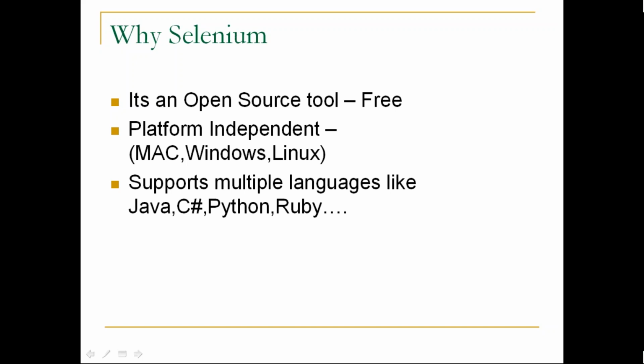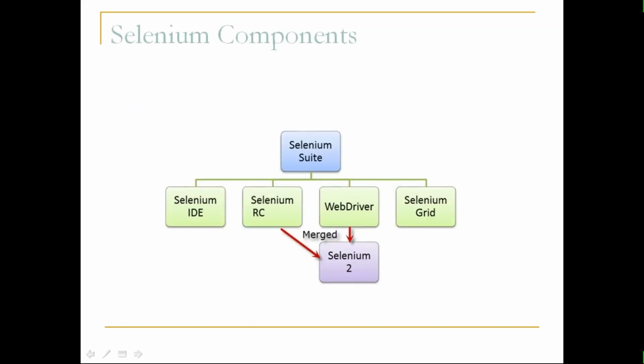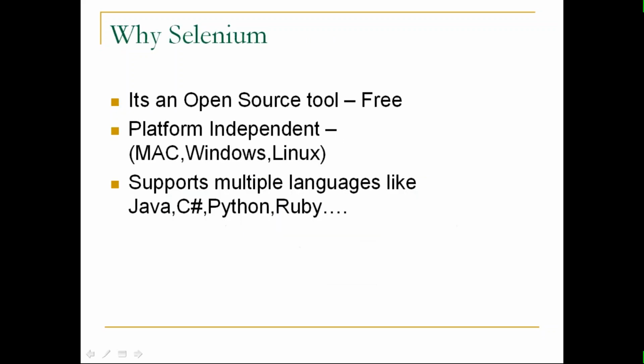But with QTP, they specifically need persons who know VB scripting. Otherwise, they will not be able to use that tool. So they need people who are experts in VB scripting. But with Selenium, they can have anyone, like Java people, C Sharp, Python. Anyone can do it. So these are some of the reasons why Selenium is commonly used now rather than any other tools.